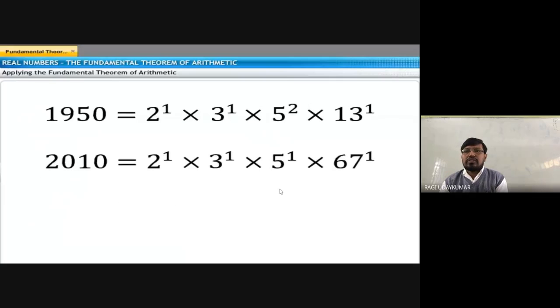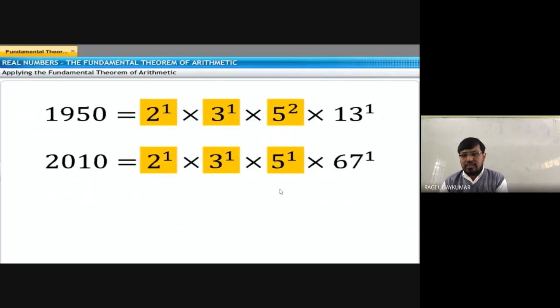The smallest prime number is taken first, 2, next prime number 3, next 5. The order is changed here. Now, finding the HCF and LCM of 1950 and 2010 is an easy task.